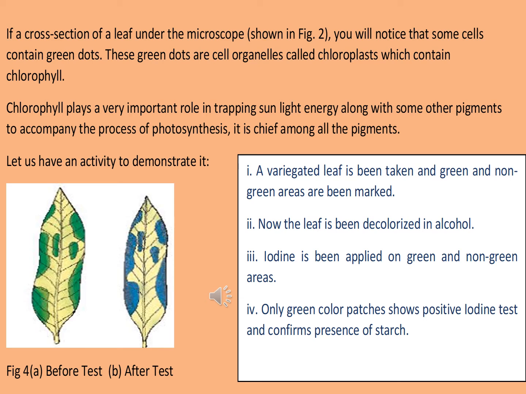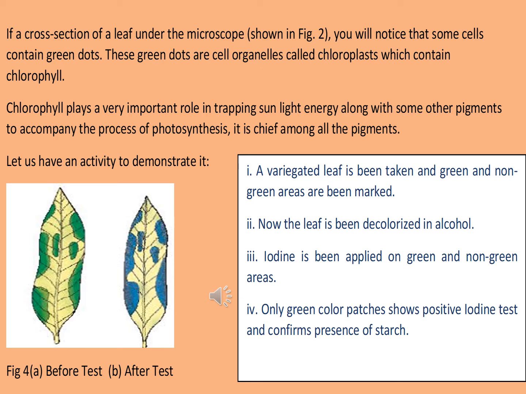To decolorize the leaf, we use alcohol, as alcohol is an organic solvent and chlorophyll is an organic compound. So when we boil the leaf in alcohol, after some time the leaf becomes decolorized due to dissolution of these pigments in alcohol.